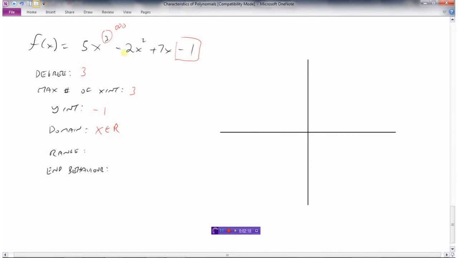So when there's an odd degree, the range will be all real numbers. And the end behavior, here I'm going to look at the leading coefficient. It's positive, so it's going to go up to the right. So we might have a situation like this, going up to the right. It's going to have a y-intercept of -1.